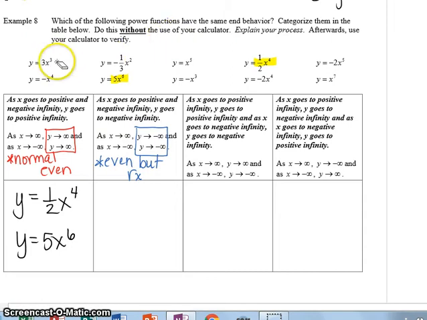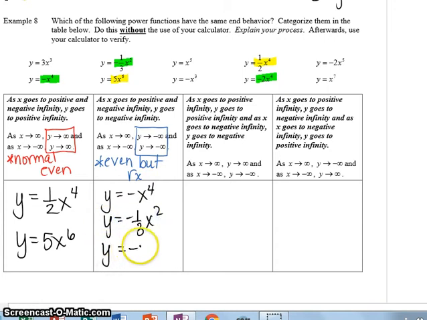So those are going to be the ones with the even powers, but there's a negative. Okay, even powers, but there's a negative. So all the ones I highlighted in green: y equals negative x to the 4th, y equals negative 1/3 x squared, and y equals negative 2x to the 4th.